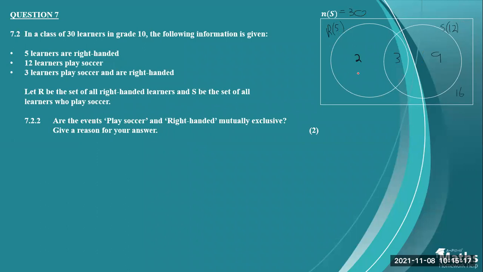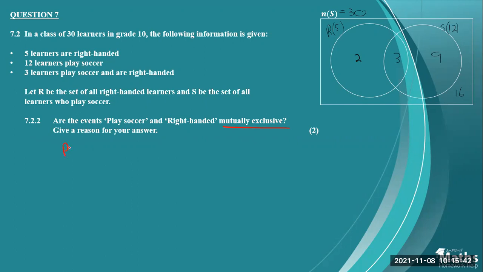Now that we have filled it in, we're going to answer the questions. Are the events playing soccer and right-handed mutually exclusive? Mutually exclusive means the one has nothing to do with the other one.